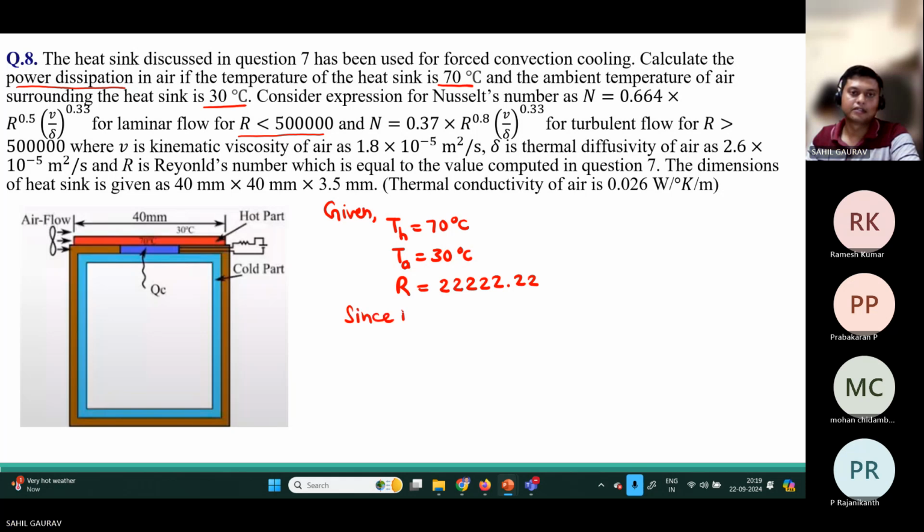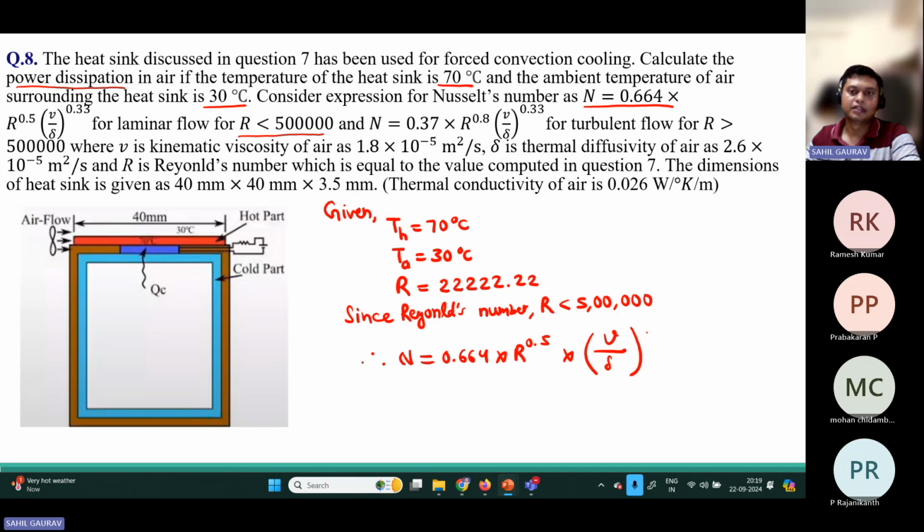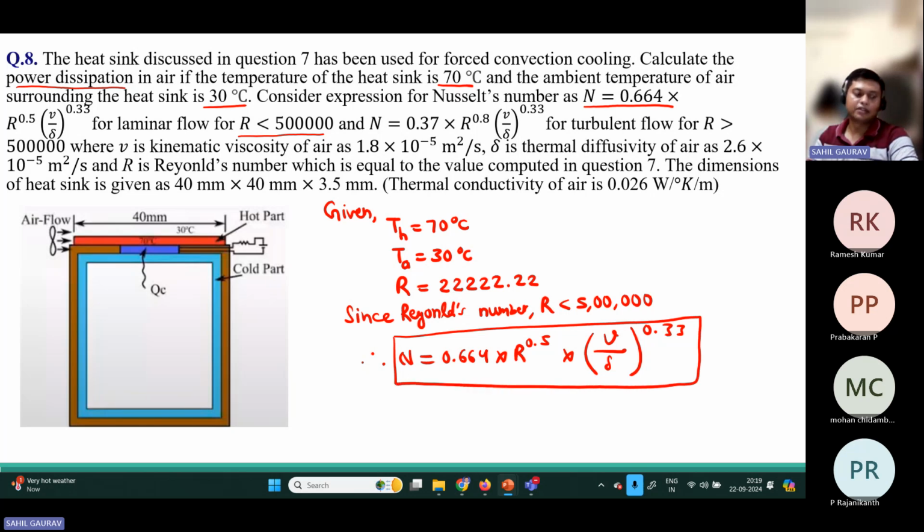Since the Reynolds number is less than 5 lakh, we will use the first expression for finding the Nusselt number: 0.664 into Re to the power 0.5 into v upon del to the power 0.33.